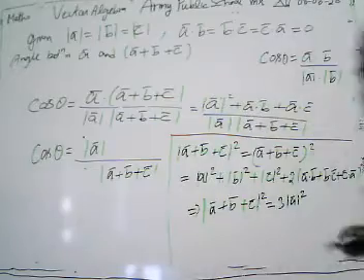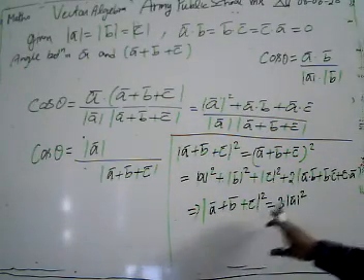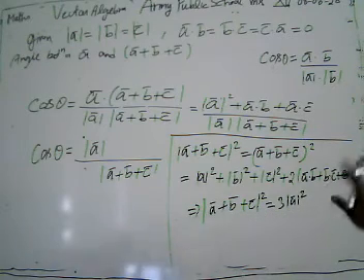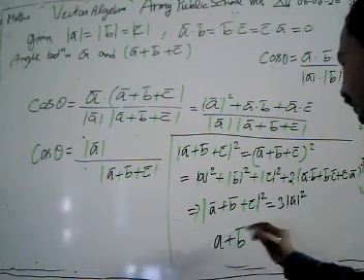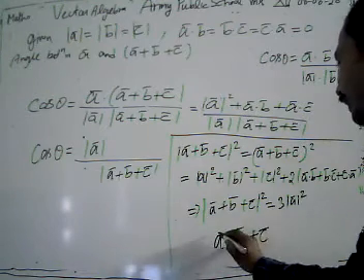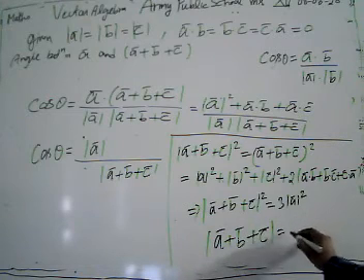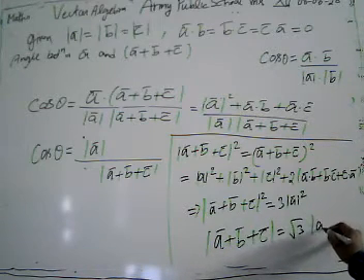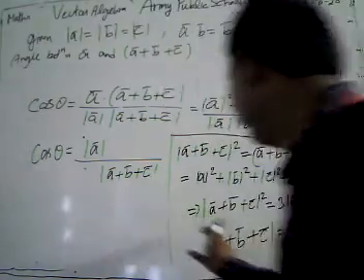Now look, what we get? The magnitude of A plus B plus C whole square is equal to 3 times magnitude of A square. Taking the square root of both sides, we get the magnitude of A plus B plus C is given by under root 3 magnitude of A. Now put the values of this here.